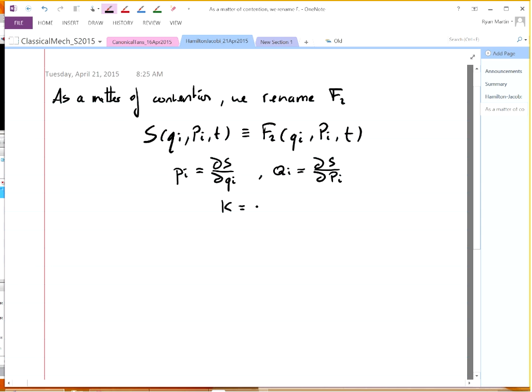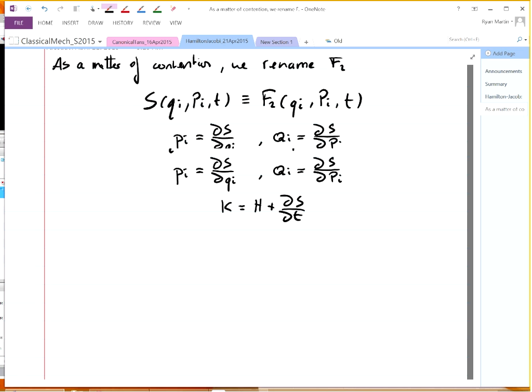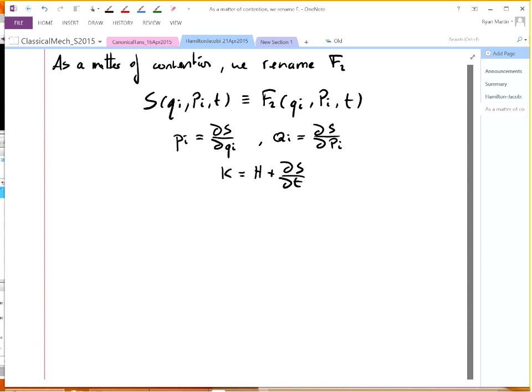And the new transformed Hamiltonian K is the original Hamiltonian plus ∂S/∂t. It's done nothing. I just replaced F2's with S's. The reason we do that is because we'll see later that S is actually the action. It happens to work out that way.